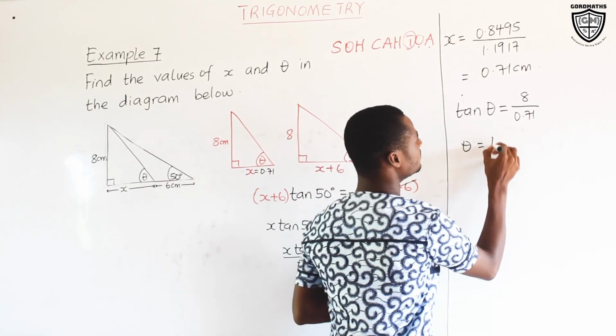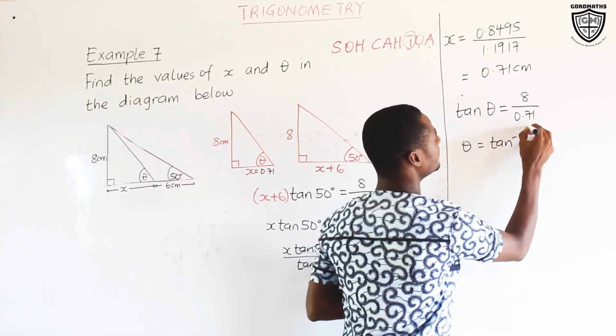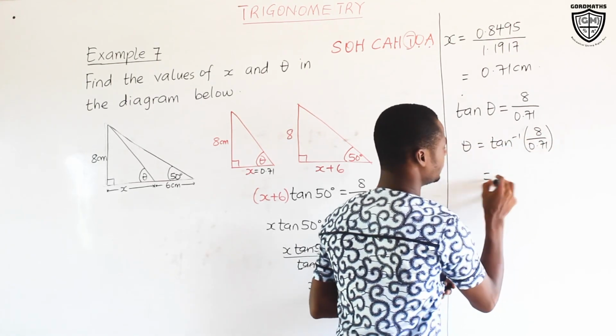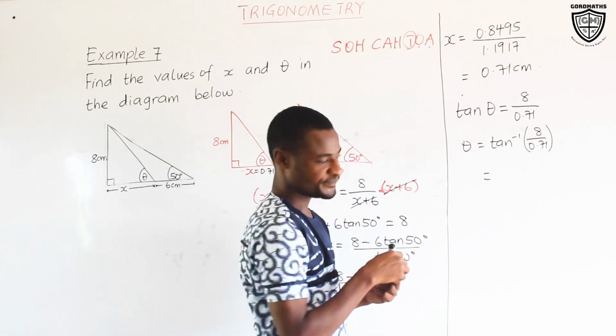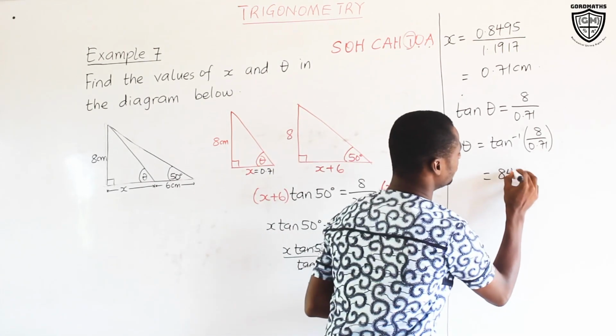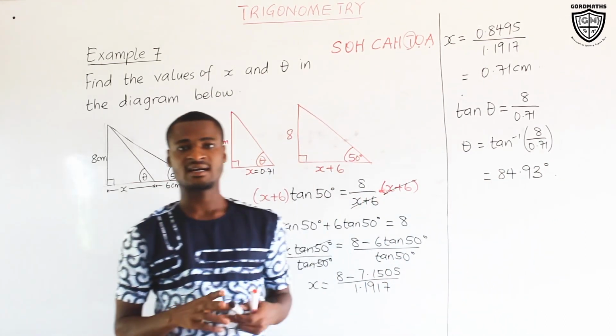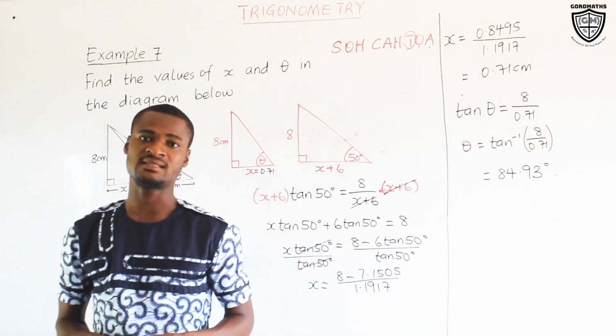Therefore, theta is equal to the tan inverse of 8 on 0.71. We find that with the calculator, and theta will give us 84.93 degrees.